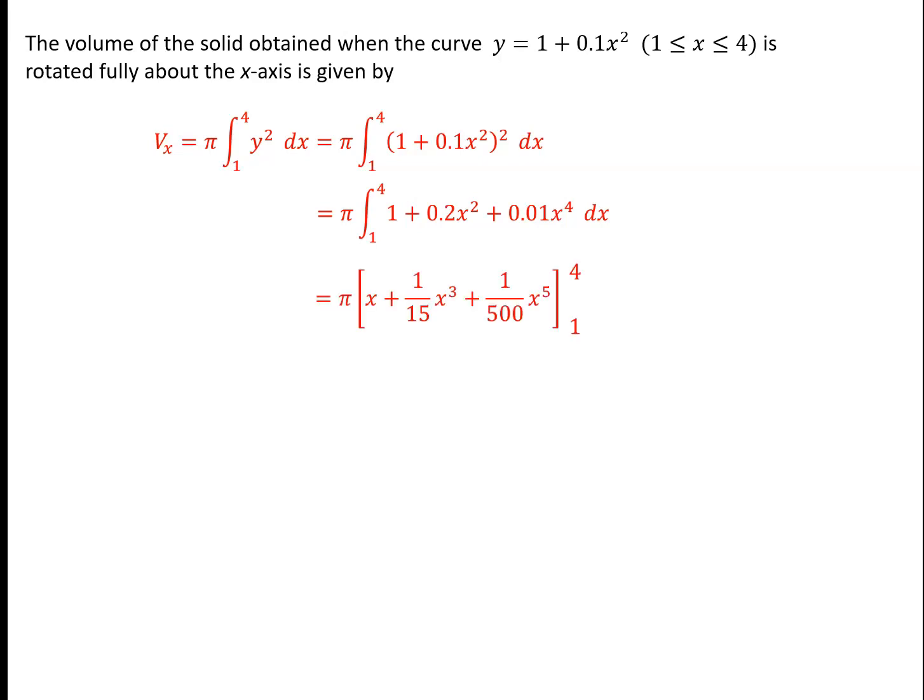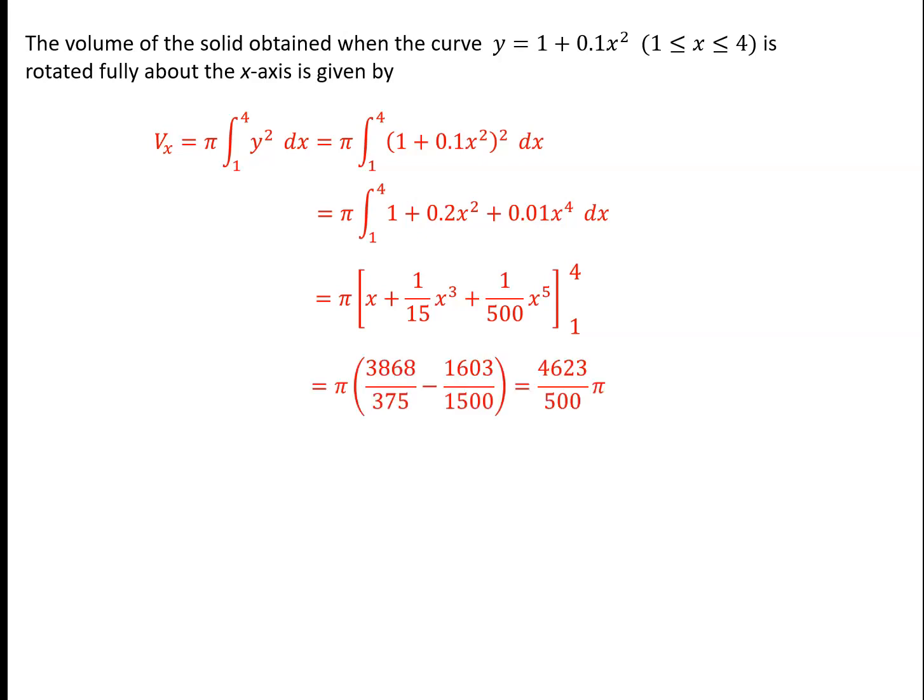So we've got pi times x plus 1/15 of x cubed plus 1/500th of x to the 5. And we need the value of that when x equals 4, take away the value of that when x equals 1, and then multiply the whole lot by pi.